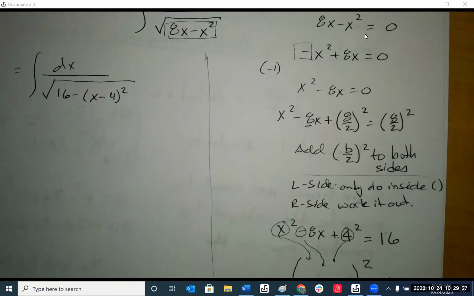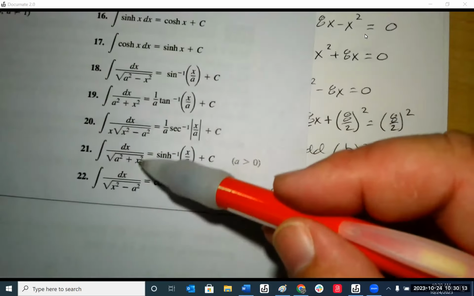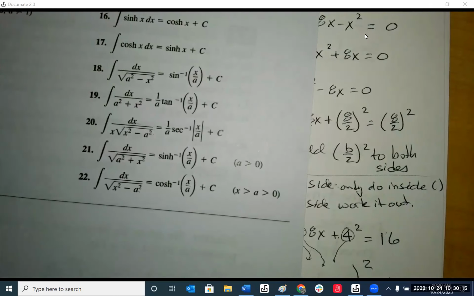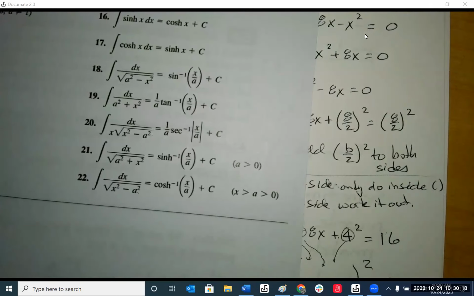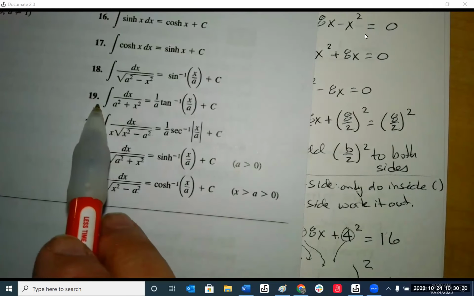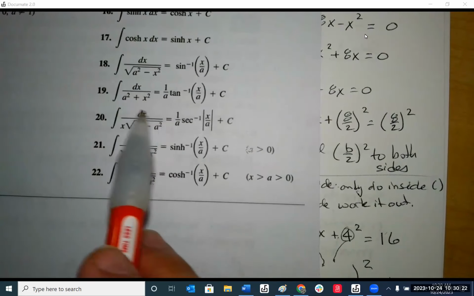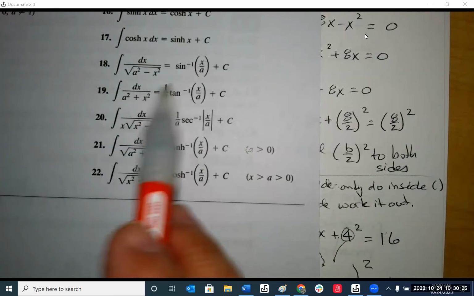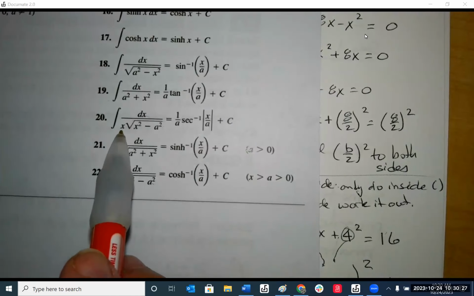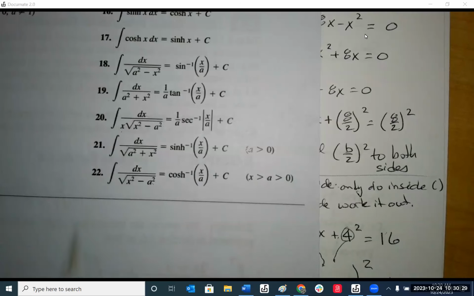Now, this is important. Why do we put it this way? Look at your table. Let's look at all of them that have a square root on the bottom. This one, this one, this one, this one. So we know it can't be 19 because there's no square root. It can't be 20 because we don't have a coefficient of x.